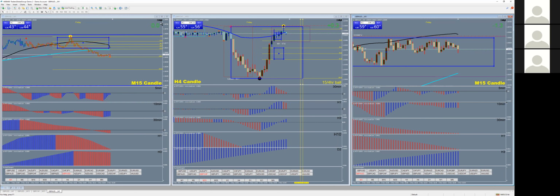All right, so it looks like it's trying to do an M formation to go short. Hopefully it follows through.